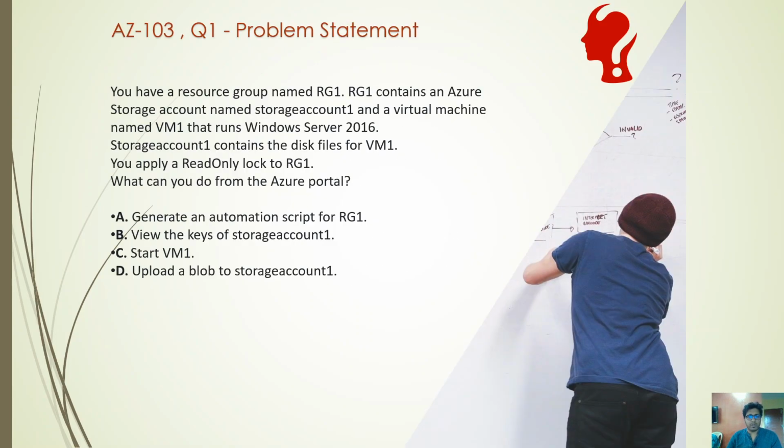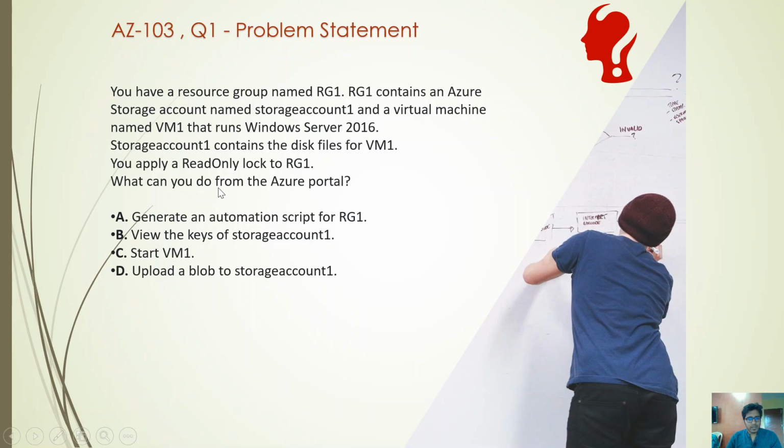So very quickly coming to the question. You have a resource group named RG1, obviously within a subscription. RG1 contains the Azure Storage account 1 and Azure VM1 on Windows Server 2016. Storage account 1 contains the disk files for VM1, maybe it's an unmanaged disk. Now the question is, you applied a read-only lock to RG1, meaning you apply a read-only lock to the resource group 1.